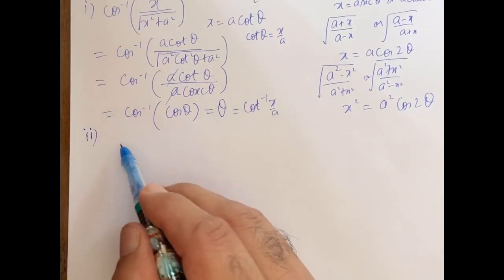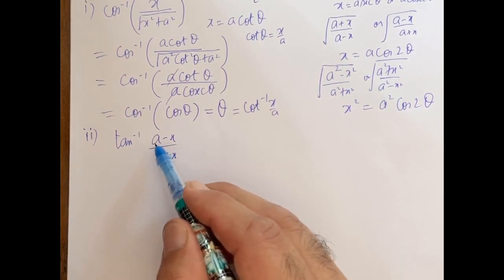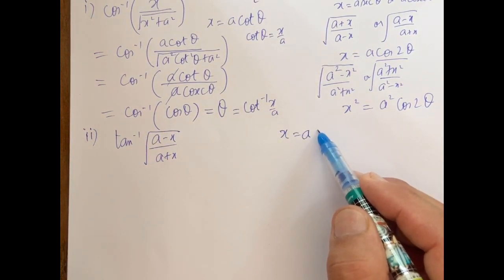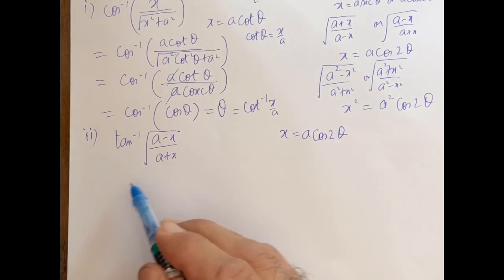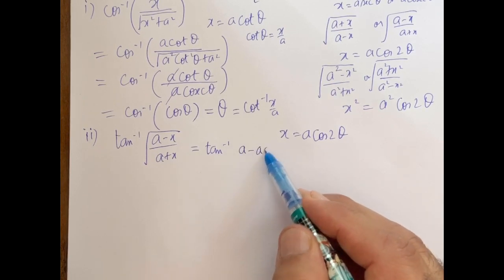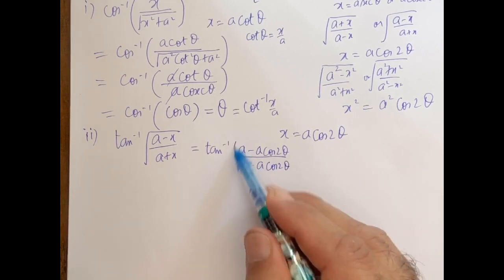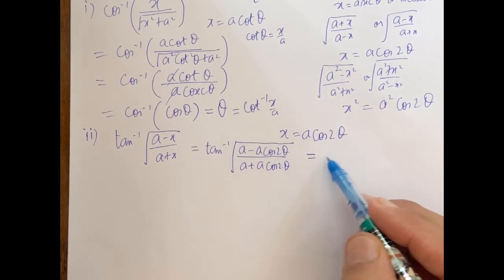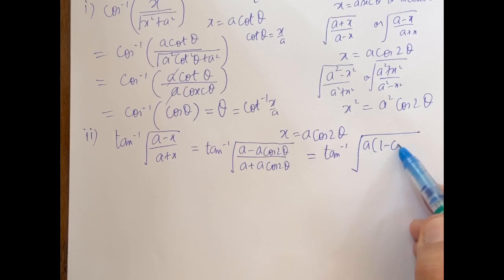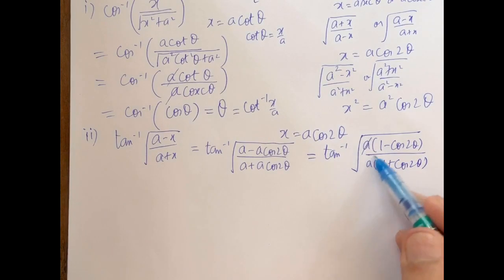The next part, we have tan inverse of a minus x upon a plus x under the root. So x is a cos of 2 theta. This can be written tan inverse of a minus a cos of 2 theta, a plus a cos of 2 theta, and under the root. This is further tan inverse of under root, taking a common, 1 minus cos of 2 theta, 1 plus cos of 2 theta, a will cancel out.